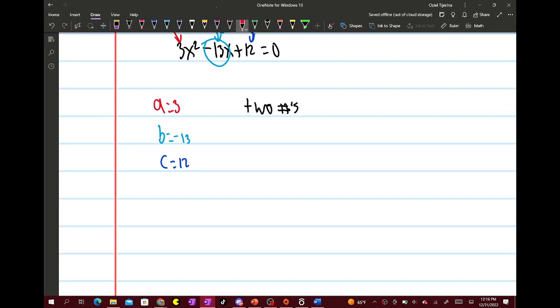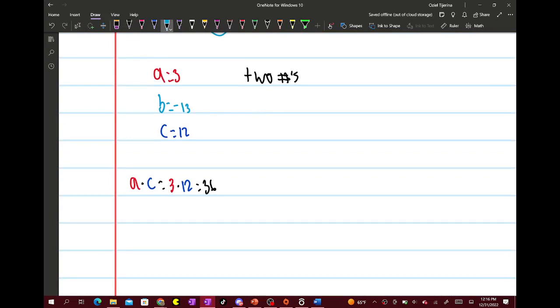If we do A times C, that's 3 times 12, which is equal to 36, and then B is just negative 13.